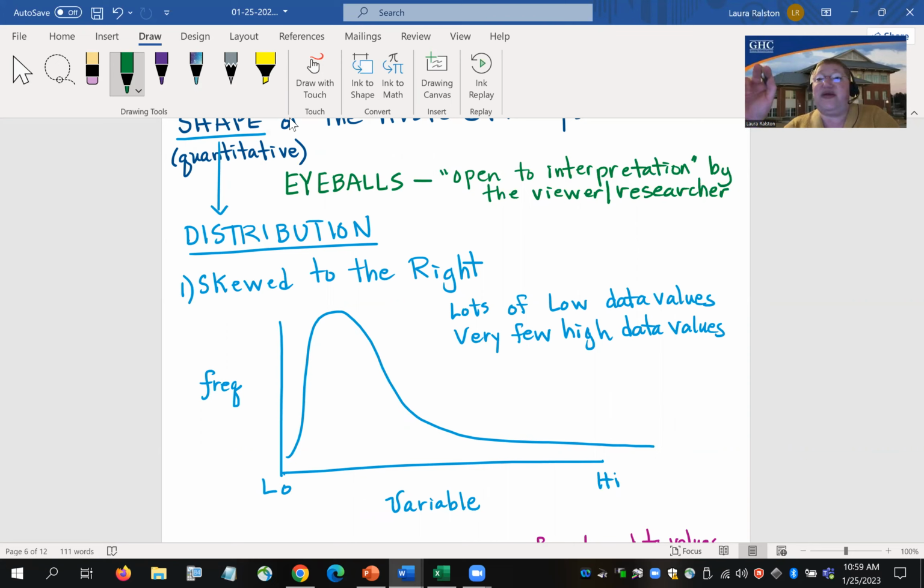Making that determination is important, okay? Because then that verifies it.